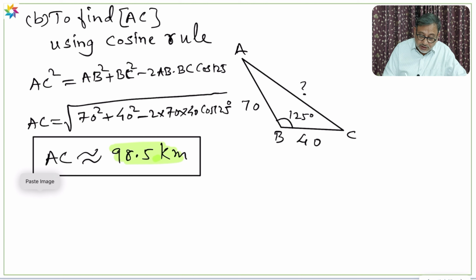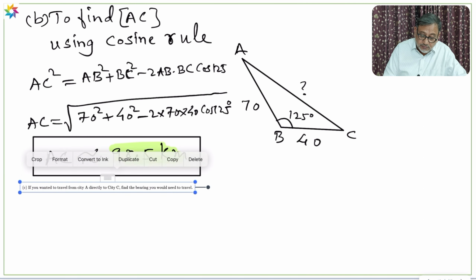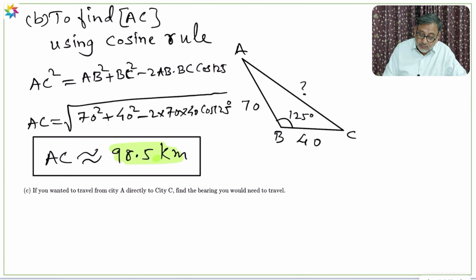Let me start it here itself. Okay, bearing from A to C, right? Bearing from A to C means at A I will need a north pole and this angle is required, right?